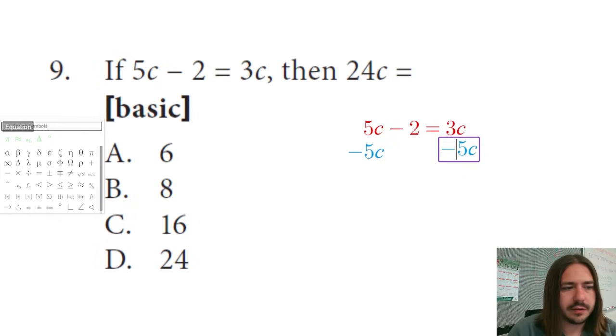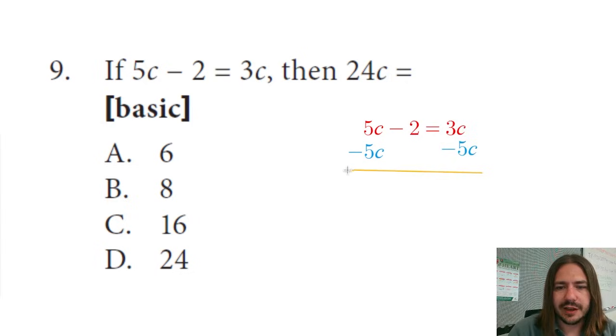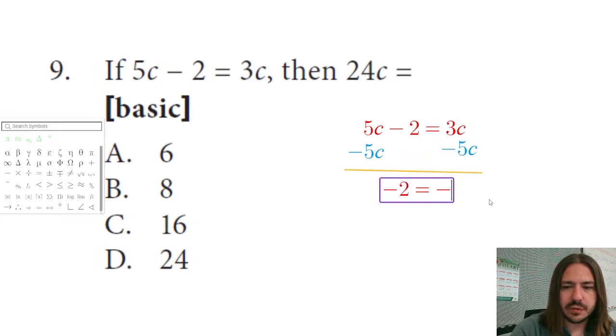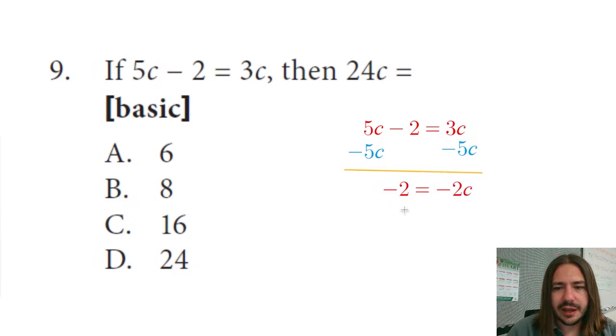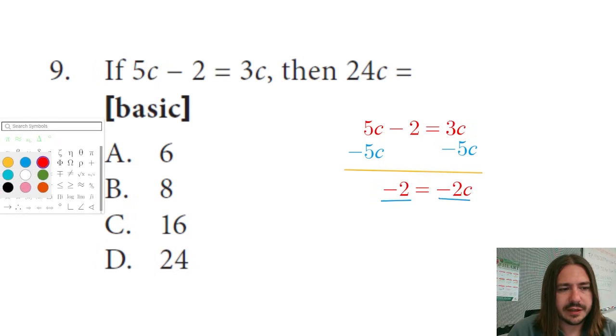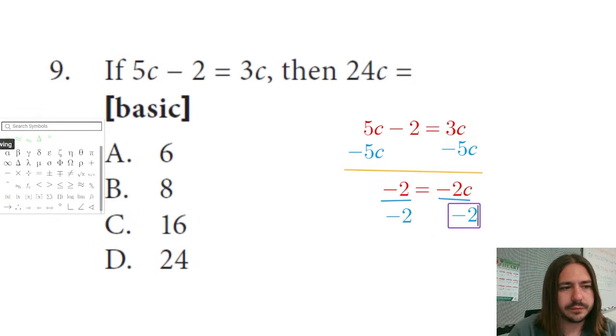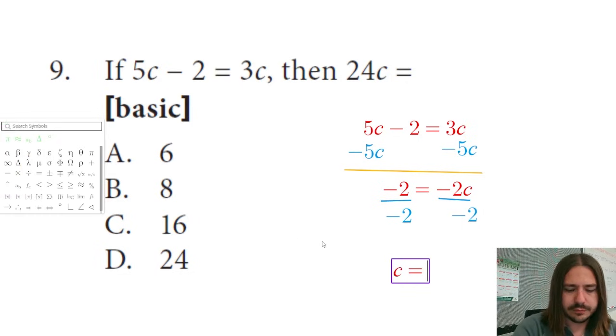So 3c minus 5c is going to be negative 2c. We get negative 2 equals negative 2c. If I divide both sides by negative 2 to get c by itself, negative 2 divided by negative 2 is 1. This tells me that c equals 1.